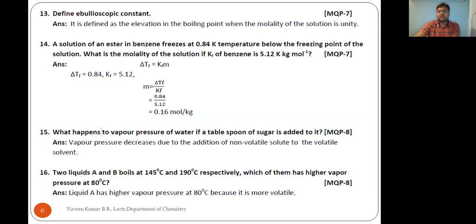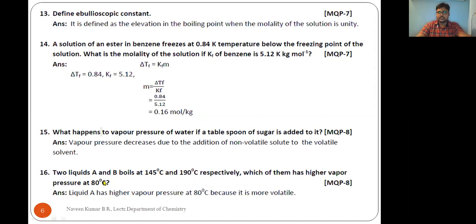It's a simple concept. We know that those liquids which are less volatile or non-volatile will always have a high boiling point, because to make its low vapor pressure become equal to atmospheric pressure, more temperature is needed. Hence, liquid B with 190 degrees is less volatile when compared with liquid A with boiling point 145 degrees Celsius. If you take the two liquids separately and keep on heating, when the temperature attains 80 degrees Celsius, they will not boil.